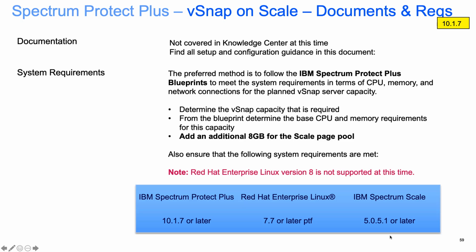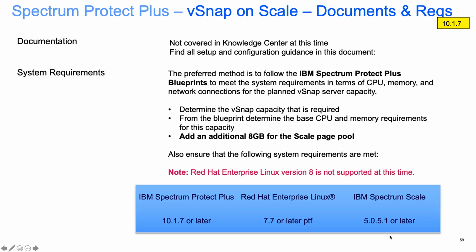There are some prerequisites for doing this. We strongly recommend, as with all cases, that you follow the IBM Spectrum Protect Plus blueprints to meet the system requirements for the vSnap in terms of CPU, memory, network connections, and the planned vSnap server capacity. So there is a very good sizer for Spectrum Protect Plus that lets you do that, and it allows you to determine the CPU and memory requirements for running a vSnap server on a piece of physical hardware.